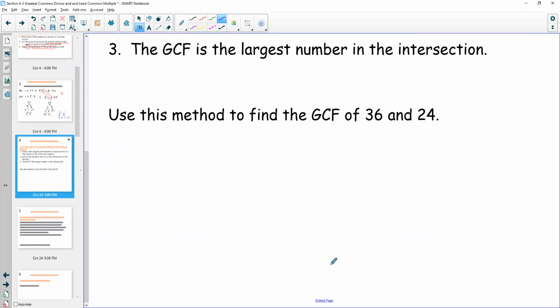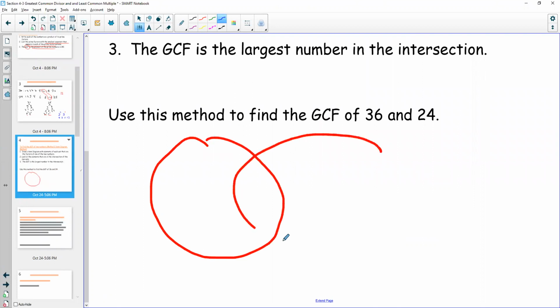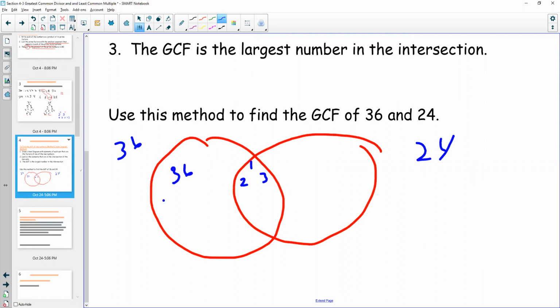So if we draw our circles for 36 and 24, let's make this one 36 and this one 24. They both had a 1, they both had a 2, they both had a 3. That guy had a 36 and an 18. They both had a 12.